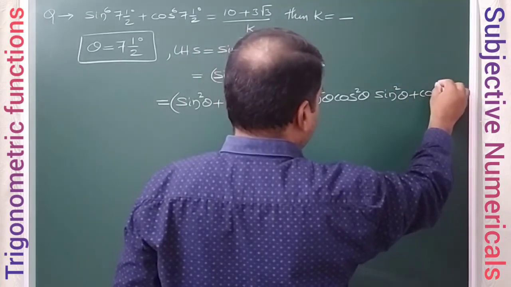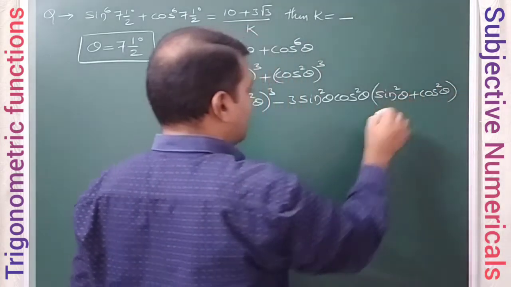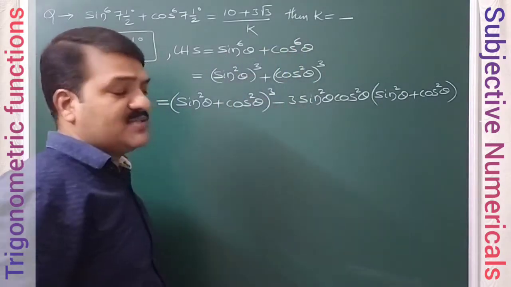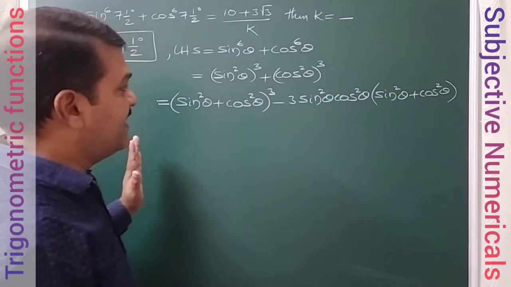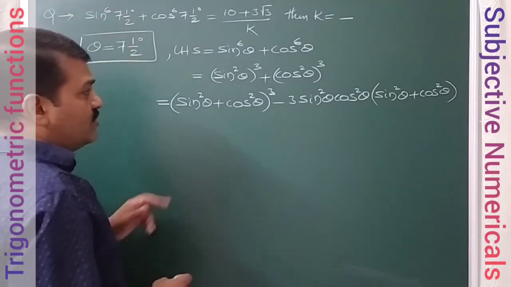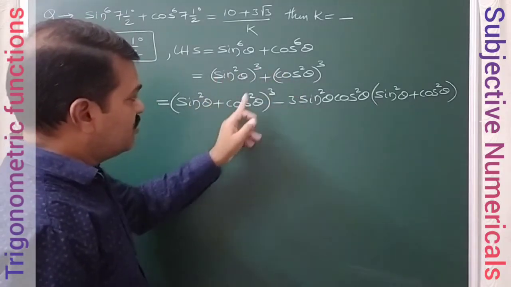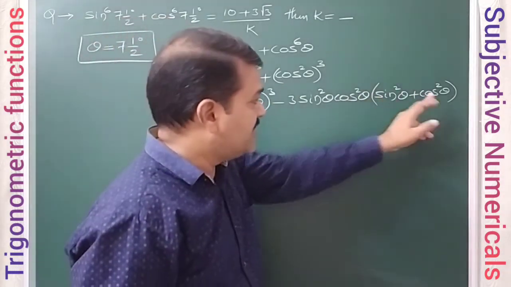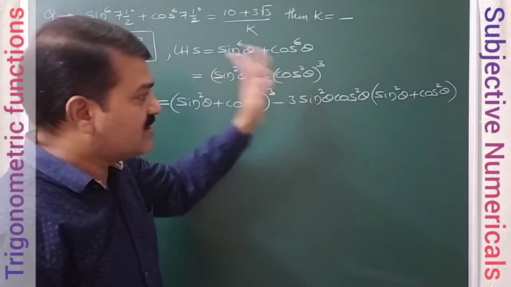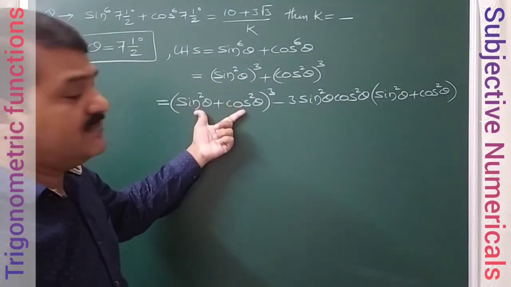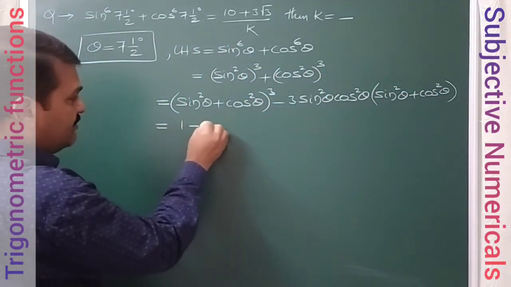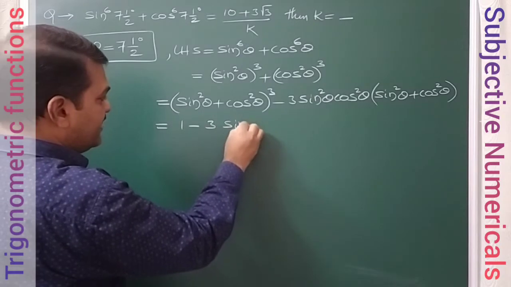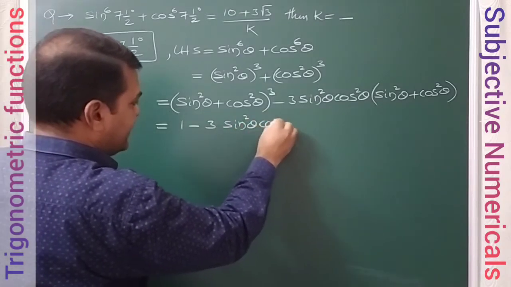Actually you can use or remember the formula for sine power 6 theta plus cos power 6 theta, but I am deriving this. You can remember the formula directly. So a cube plus b cube is a plus b whole cube minus 3ab into a plus b. A means sine square theta, b means cos square theta. Now this is 1 and this is 1. So what remains is 1 minus 3 sine squared theta cos squared theta.